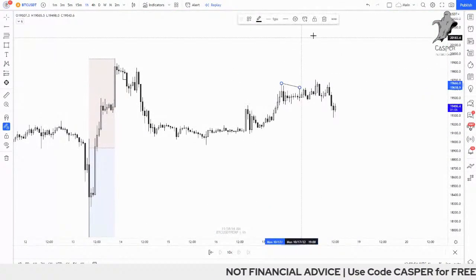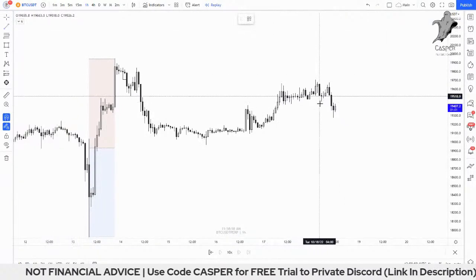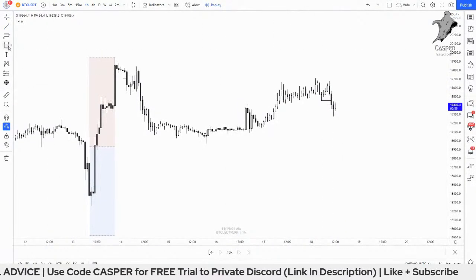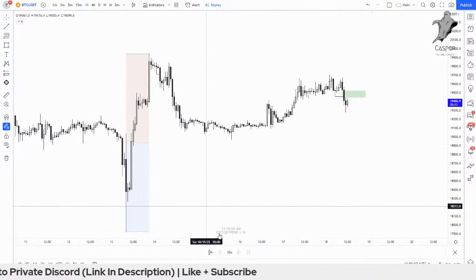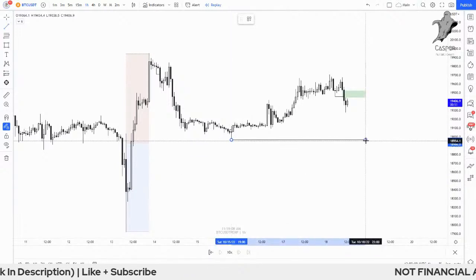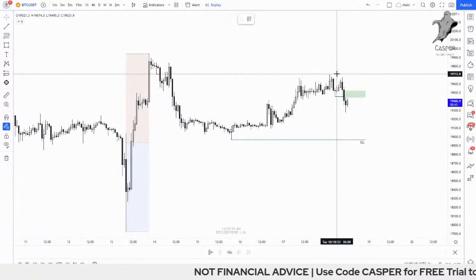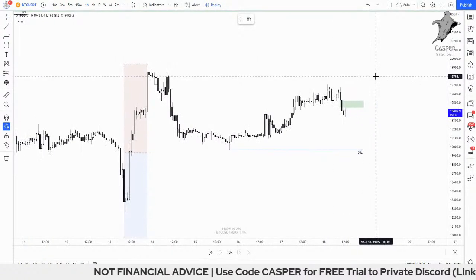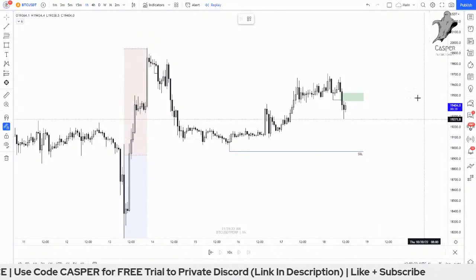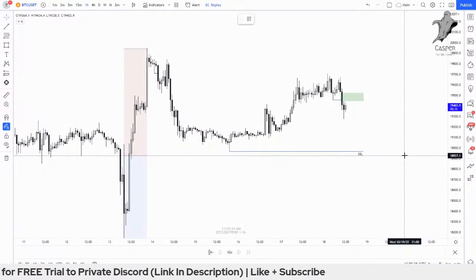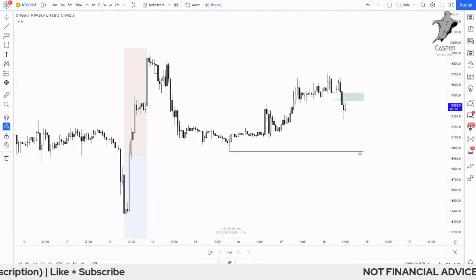Seems like that's definitely making a push to the downside here. It doesn't look bad, to be honest. Earnings are this afternoon as well.